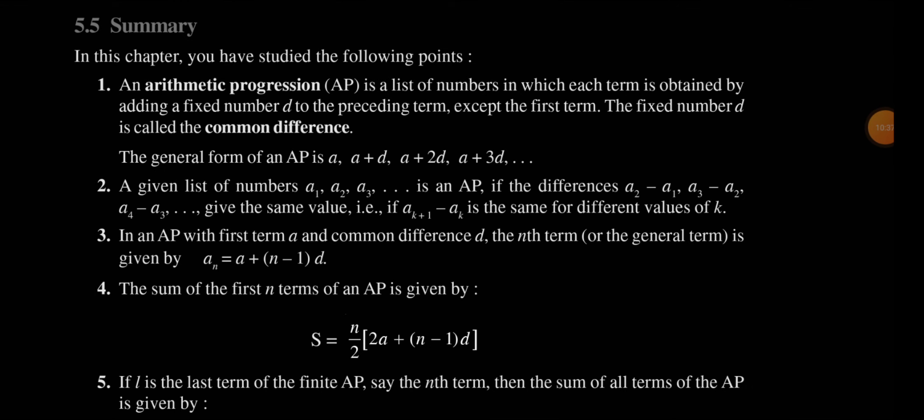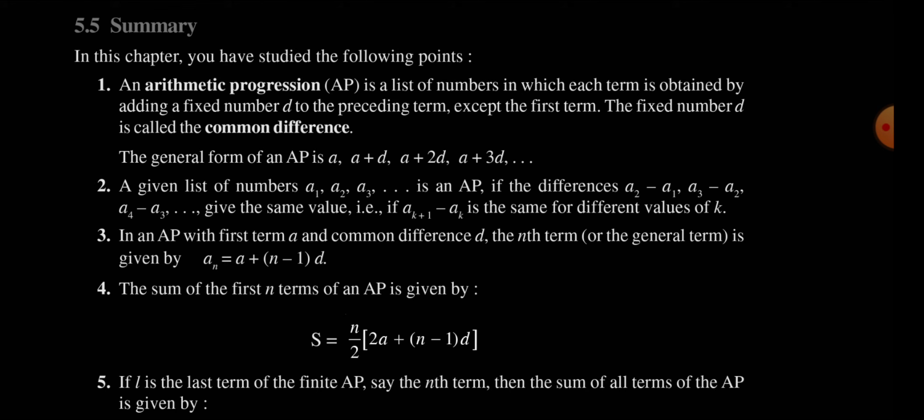Now, summary. In this chapter, you have studied the following points. An arithmetic progression is a list of numbers in which each term is obtained by adding a fixed number d to the preceding term, except the first term. The fixed number d is called the common difference. The general form of an AP is a, a plus d, a plus 2d, a plus 3d, and so on.